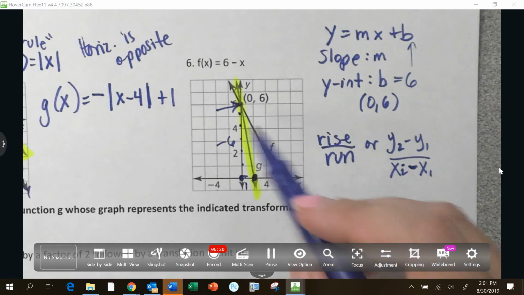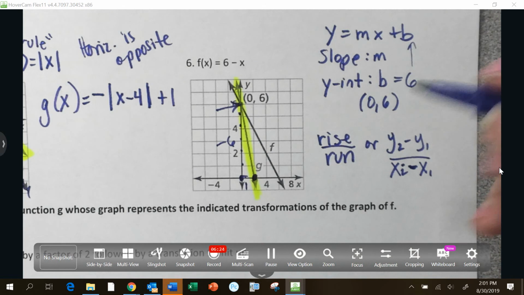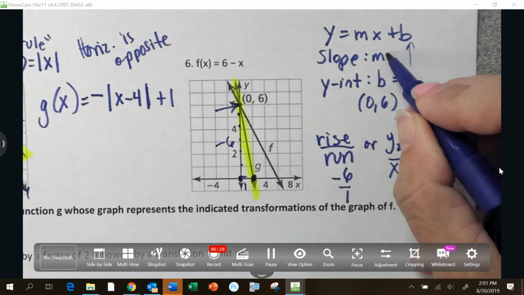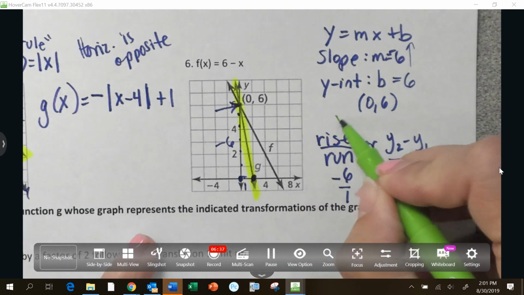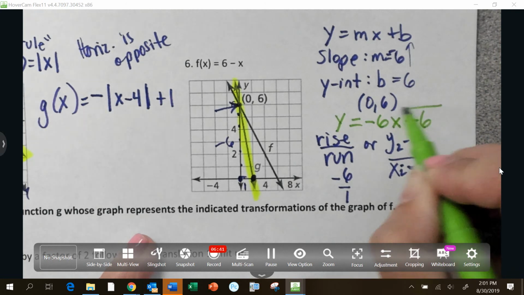I'm looking at the yellow one. So down 6 over 1. That slope is going to give me negative 6 over 1, which is negative 6 for my slope. So my equation, which I'm going to put in a different color because I've used up all my space, would be y equals negative 6x plus 6.